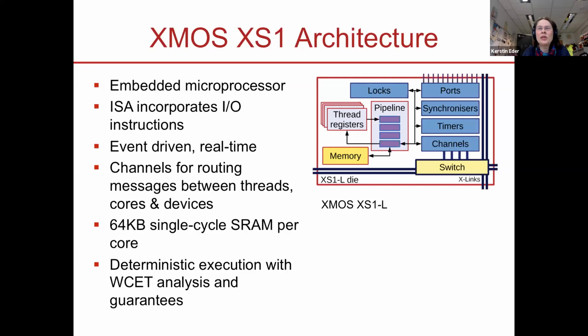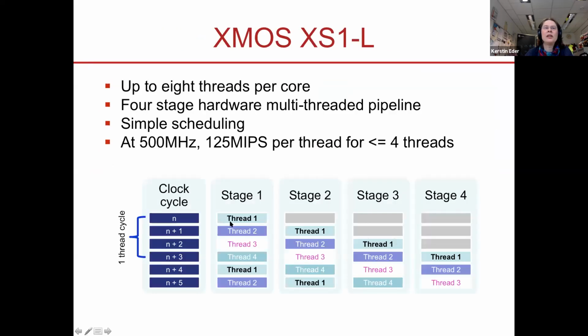It's a very neat, small little architecture. The pipeline has 4 stages. Let's have a look at the pipeline. The pipeline has 4 stages, stage 1, 2, 3, and 4, as you can see here. You can process up to 8 threads per core. The pipeline is hardware multi-threaded. That means each thread can only be once in the pipeline. So if we look at stage 1, we've got thread 1. Then with the next clock cycle, thread 1 moves into stage 2. Next clock cycle, thread 1 in stage 3.